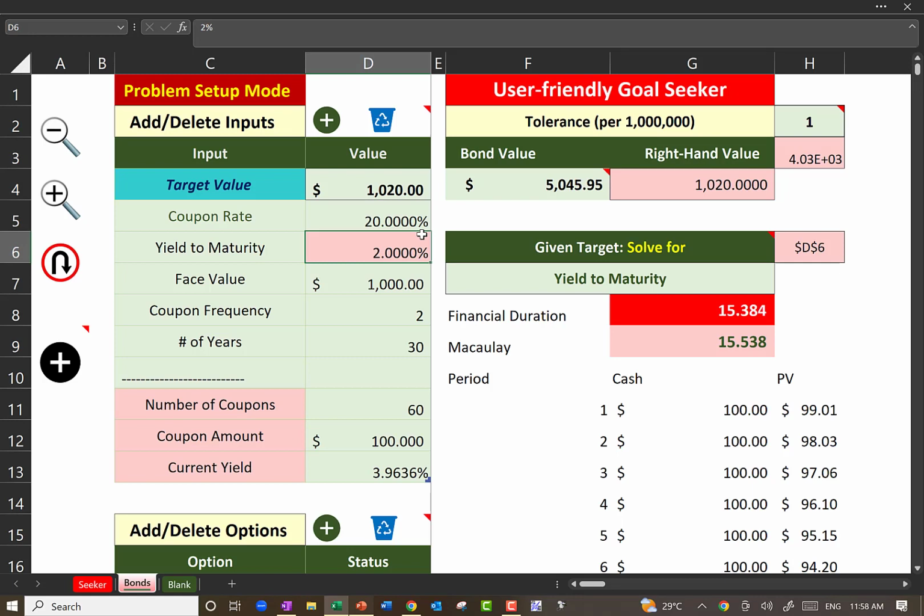In fact, in the first 5 years, you're going to get 1,000 back. And the present value of that is much higher compared to the 1,000 you're going to get 30 years from now. So the higher the coupon rate, on average, the earlier you're getting your money, which means your interest rate risk is much less.